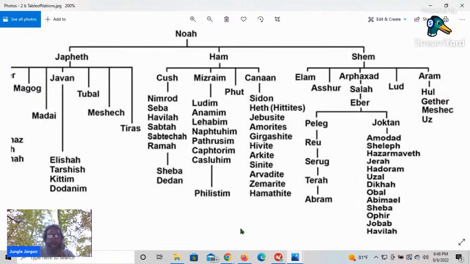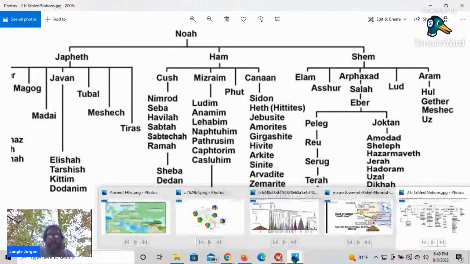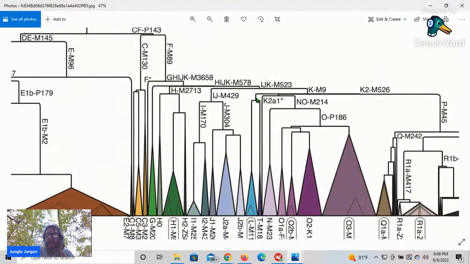Now let's go to the genetics and see that. Here, we'll go here. Because this is what was throwing me off, okay? Because K, O, P, Q, R, S, and T is Japheth, right? So there's an identifier here that connects Japheth with Arphaxad, which is I and J, right?